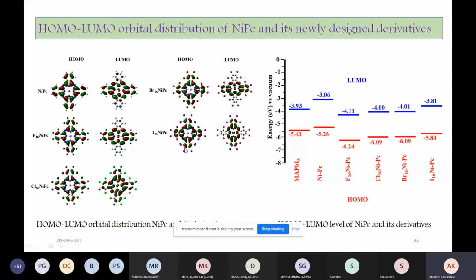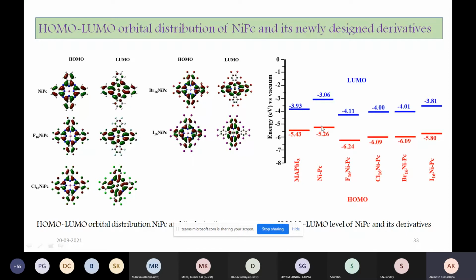And you see here, this NiPc is basically the hole transport layer. Why? Because the conduction edge is above the conduction edge of the normal perovskite, and the valence edge is also at the top. Okay, so this criterion is for the hole transport.